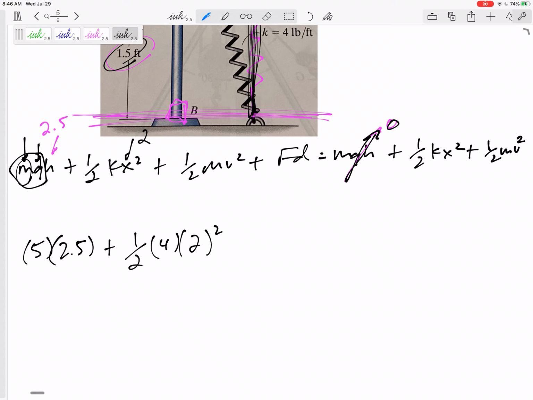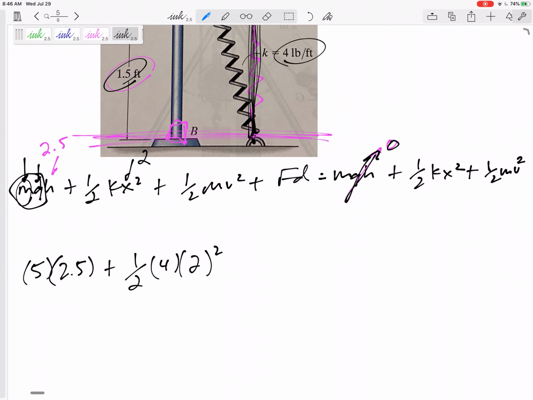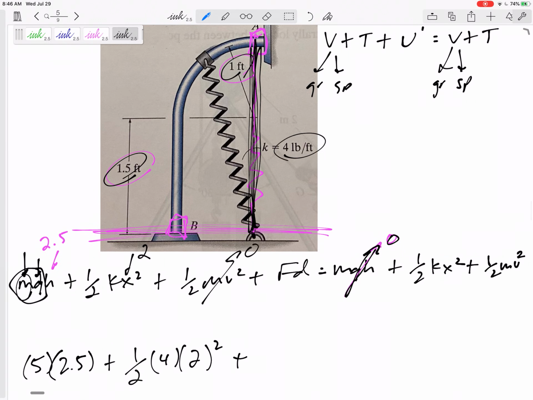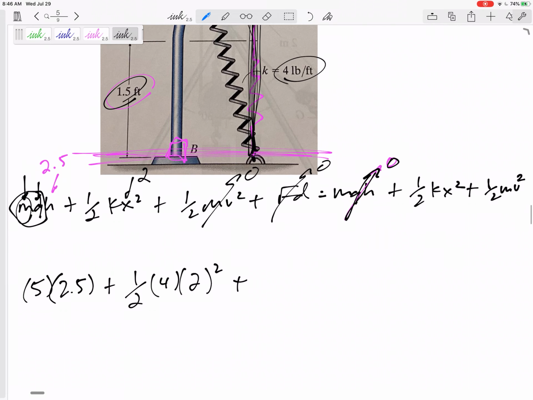As long as we're in feet, pounds per feet, feet per second squared, we're good. It said it started from rest, so there's no velocity. There are no external forces. What I'm looking for is a force that's either drawn on there or a force in a rope. I don't have either of those, so that's it on the left-hand side.